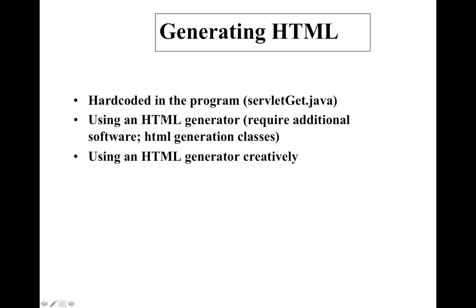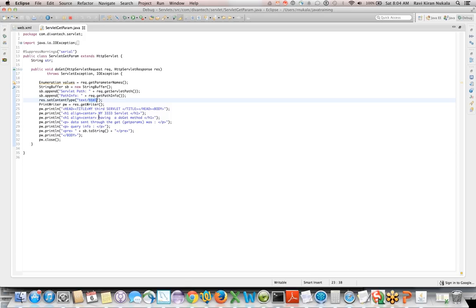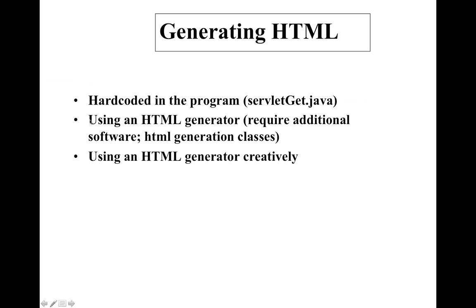Generating HTML. So in the servlet, you actually hard code this HTML code, right? If you see here, you are actually writing HTML code within Java, using PrintWriter in Java. Okay. So using an HTML generator requires additional software, HTML generation classes. If you want to make a fancy HTML page, you cannot do it using just the servlet.